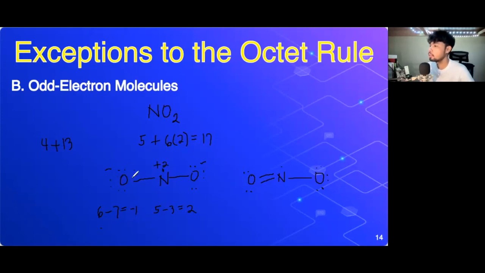Take note that if we add these formal charges, it will be equivalent to 0 because this molecule is electrically neutral. On the other Lewis structure, we have 6 minus 6 assigned electrons, which is 0 for this oxygen atom. We have 6 minus 7 assigned electrons, so we have a -1 charge for this oxygen atom.